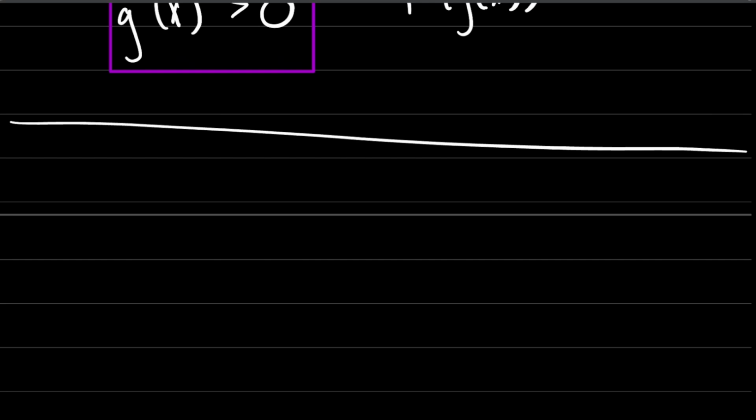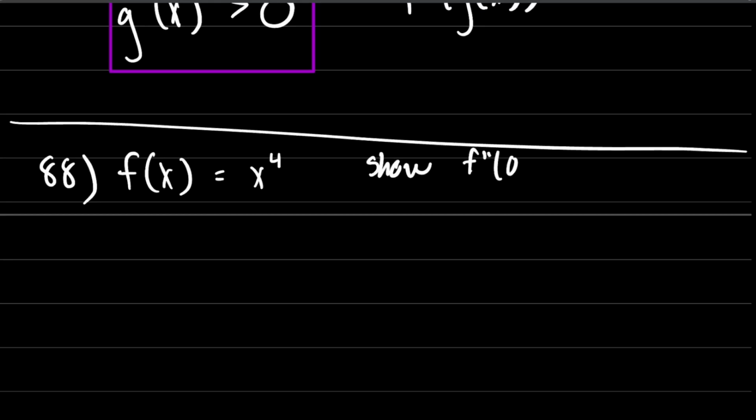Finally, a little bit easier question for the first half of 4.3. We have question 88, which says f of x is equal to x to the fourth, and we need to show that f double prime of 0 is equal to 0, and that the point (0, 0) is not an inflection point.